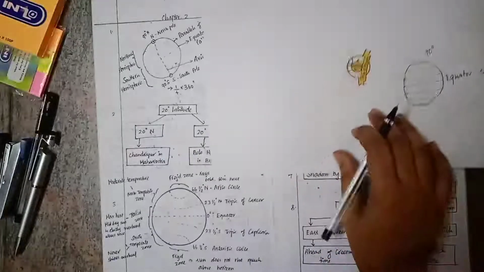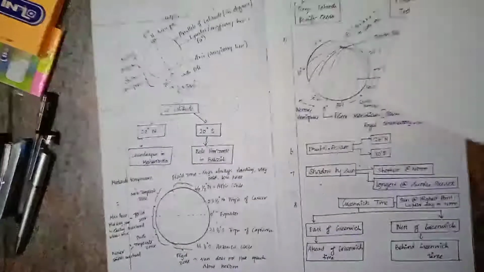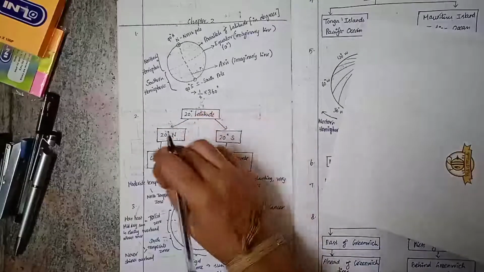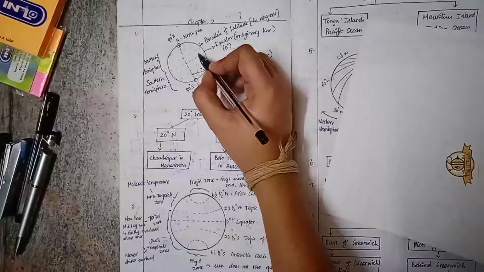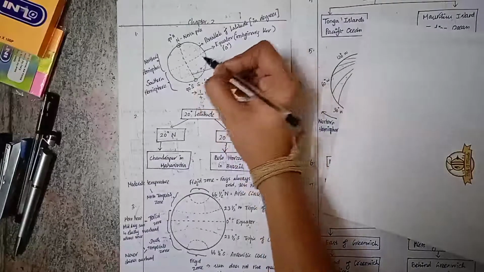Actually, we can locate a place using this. But if we say 20 degree latitude, it has both 20 degree north latitude and 20 degree south latitude, because 20 degrees north of the Equator is 20 degree north latitude, and 20 degrees south of the Equator is 20 degree south latitude.